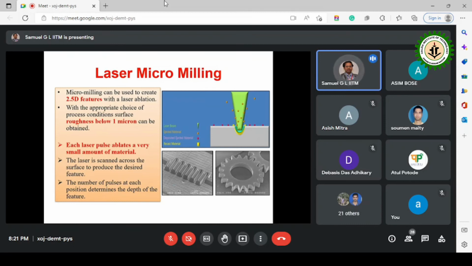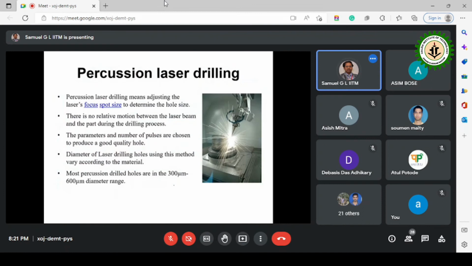You put the laser, the top layer of the material will be removed, and then you scan the whole of the surface like a raster scan, so you can remove the material. So this is called laser micro milling. If you want to make channels or modify the surface, we can do that by using these kinds of phenomena.